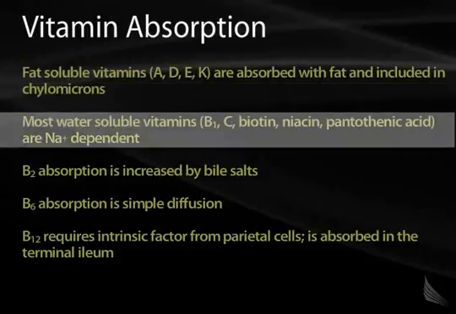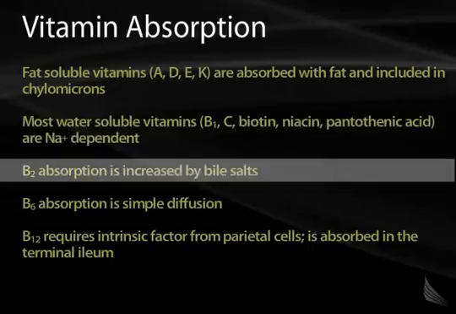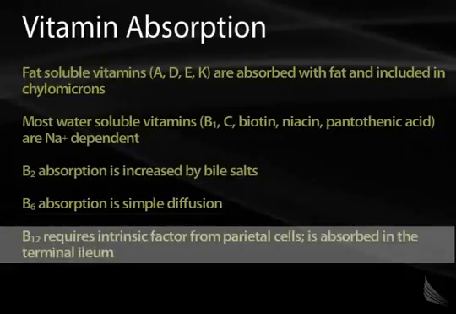Most water-soluble vitamins such as B1, C, biotin are sodium dependent. B2 absorption is increased by bile salts, and B6 absorption occurs by simple diffusion. B12, as has been mentioned earlier, requires intrinsic factor from parietal cells and is absorbed in the terminal ileum. In the absence of intrinsic factor, patients will present with B12 deficiency.